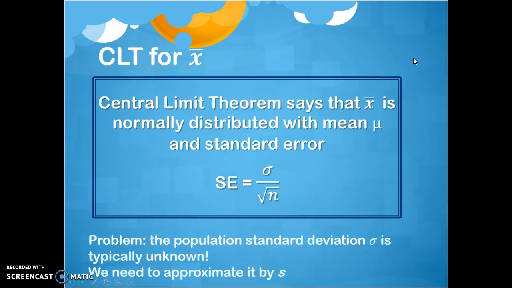Now, here's the thing. Central limit theorem allows us to do this given a particular population mean and given a particular population standard error, which requires a population standard deviation. Okay, here's the big math step. You're not going to have to calculate this, but here's the big math step conceptually. Remember this standard error that we've been working with, that thing which quantifies sampling variability, that thing you've been getting from the bootstrap distribution?